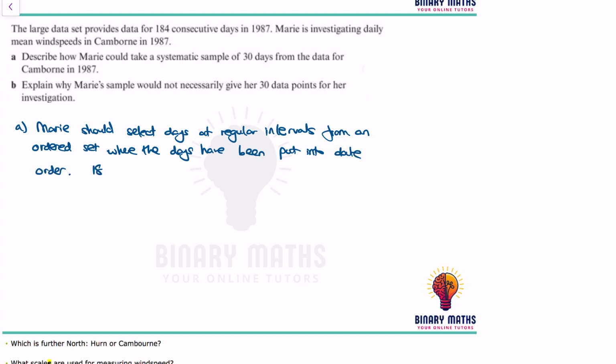So 184 divided by 30 is equal to 6.13, which is approximately 6.